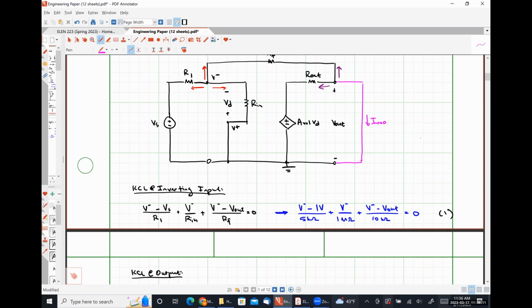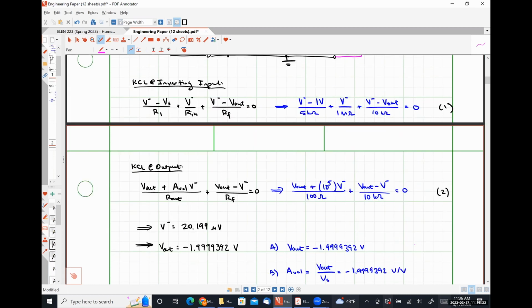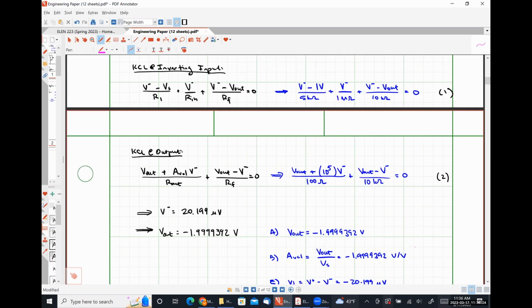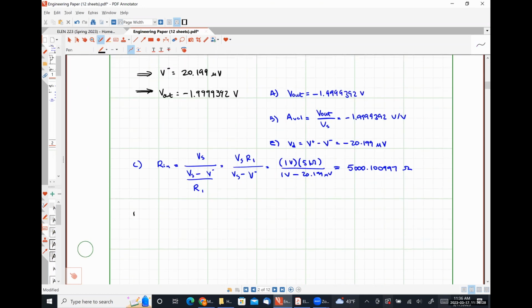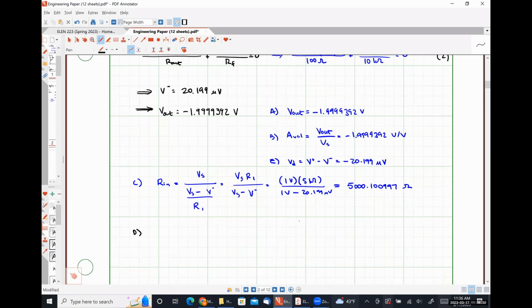And then knowing that, this current flowing in plus this current flowing in will be equal to our Norton current. Right? So I'm going to solve this equation again. Let's put D down here. So I'm just looking at this guy right here.